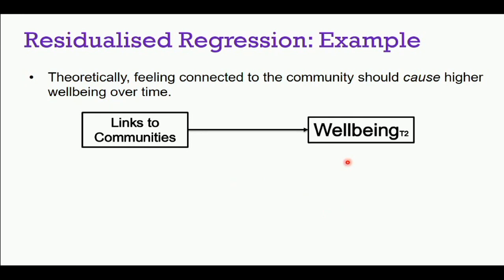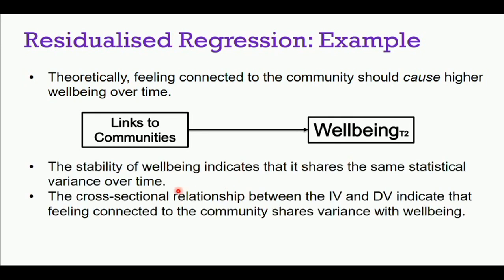That's our prerequisite. And the stability of well-being indicates that it shares the same statistical variance over time. But the cross-sectional relationship between the IV and the DV indicates that feeling connected to the community also shares variance with well-being.